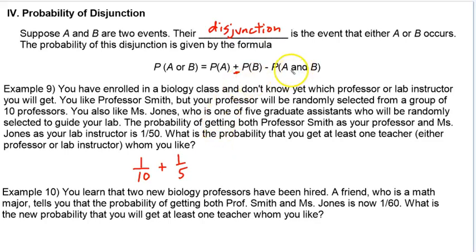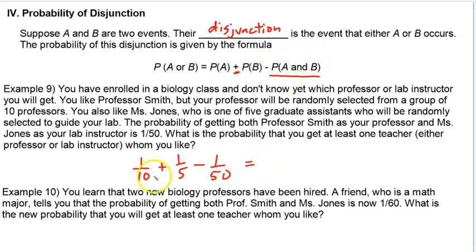So here's what I mean by you have 2 separate probabilities, but then there's a probability of both happening. And that's going to have to be subtracted. So here's what we mean in the formula. The 1 out of 50 is the probability of A and B. You get Jones and Smith.